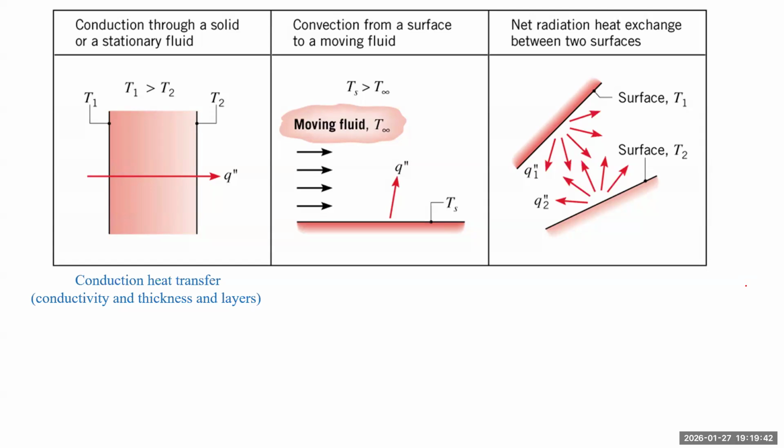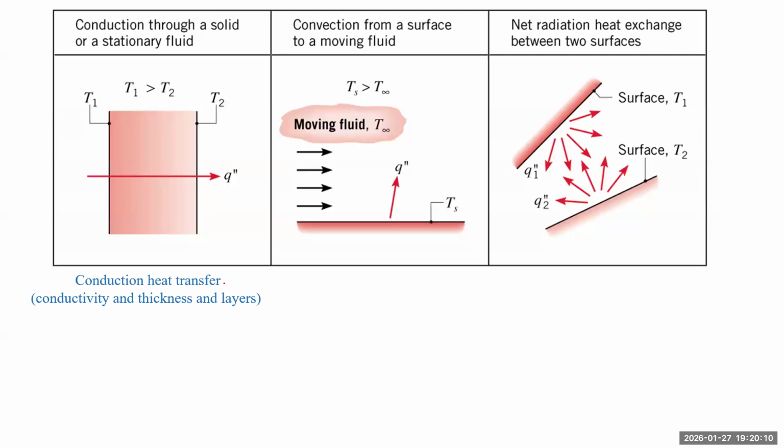Conduction heat transfer is mainly conduction through a solid or stationary fluid. Therefore, our building envelope, not only our roof and wall but also glazing windows, are in a solid state. So that is conduction heat transfer.